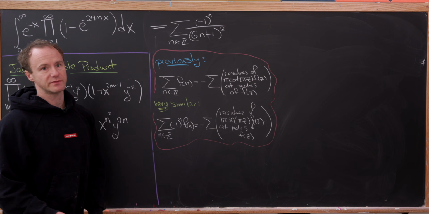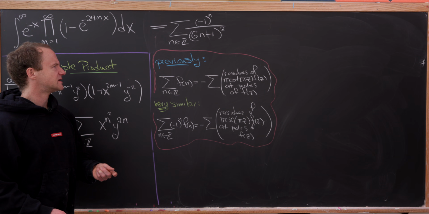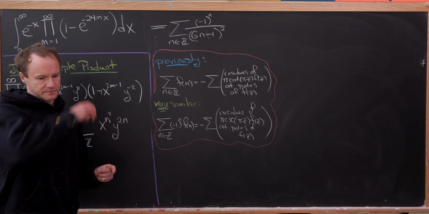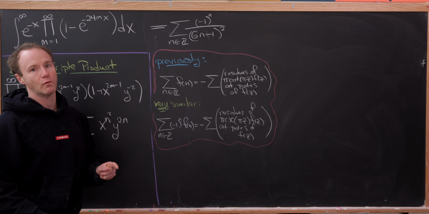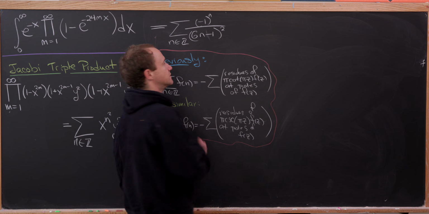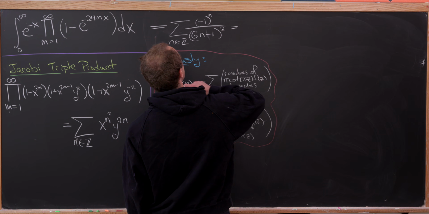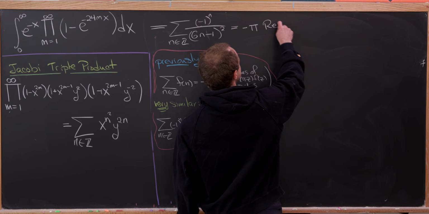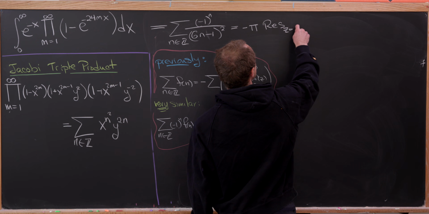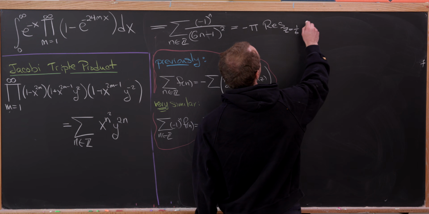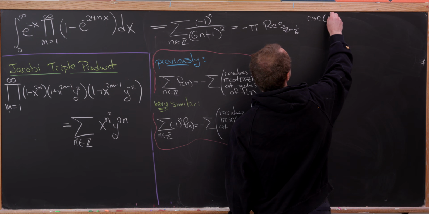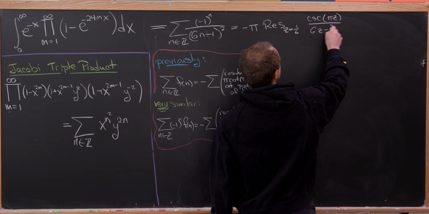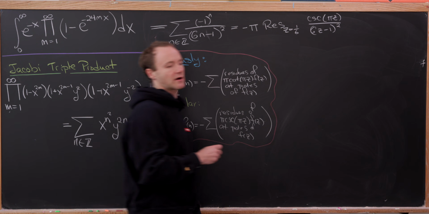Notice that the function we would take would be 1 over 6z minus 1 quantity squared, which has a double pole at 1 over 6. So that's what we'll use. So this is going to be equal to minus pi times the residue at z equals 1 over 6 of the cosecant of pi z over 6z minus 1 squared.